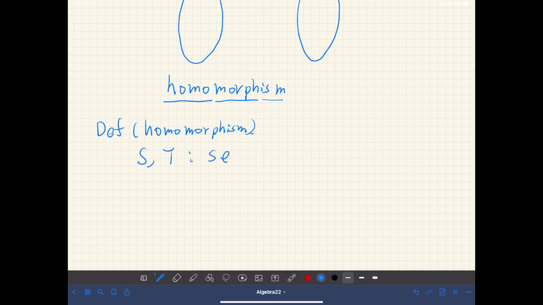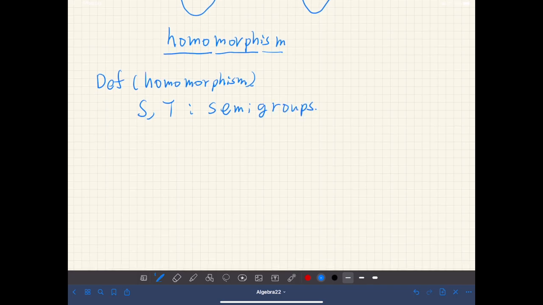So let's say S and T are semigroups. That means they are not just sets, but they have a binary operation. Each of them has a binary operation defined that obeys the axioms of semigroups. And we consider a mapping f from S to T.